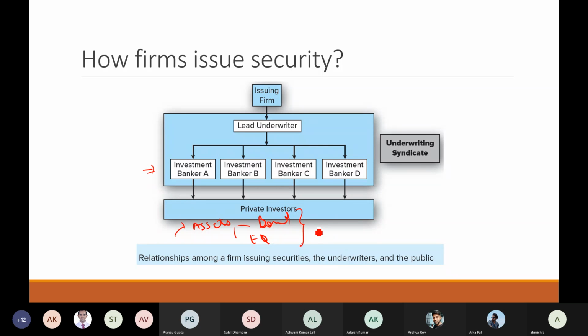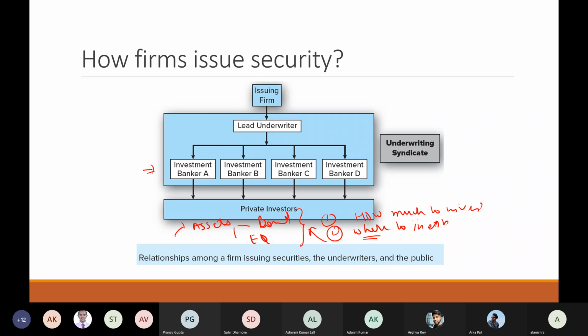If you remember from our initial discussion, when we talk about portfolio creation, we talk about two things. First, you decide how much to invest, and then you decide where to invest. The question of where to invest comes from the market itself, what kind of investment options are available.